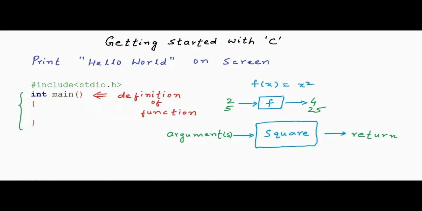After the definition of the function, we must have an opening curly brace, and then we can have some statements to perform some task. We can have as many statements as we want, and after all the statements we must have a closing curly brace. The closing curly brace will mark the end of the function.